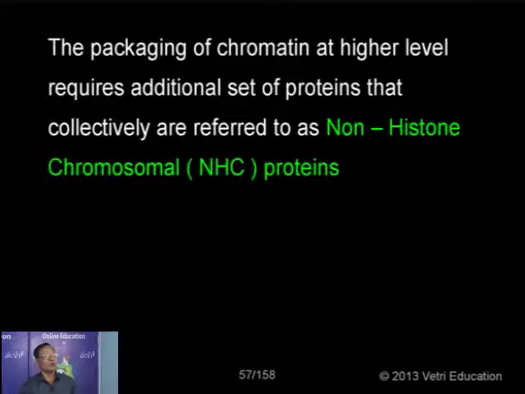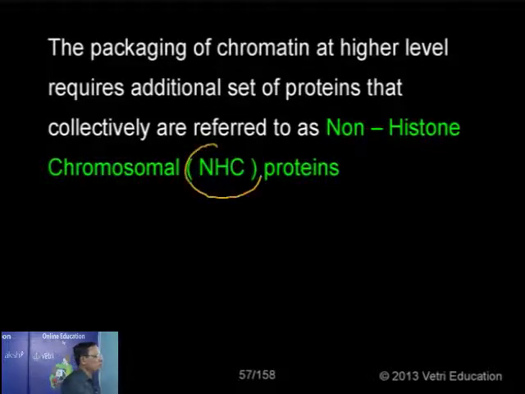In the chromatin we have the beads-on-a-string structure, made up of the histone proteins plus nucleic acid. But at the higher level of organization we have some additional proteins for the packaging of chromatin. They represent non-histone chromosomal proteins, other than histone. Simply they are called NHC proteins, non-histone chromosomal proteins.